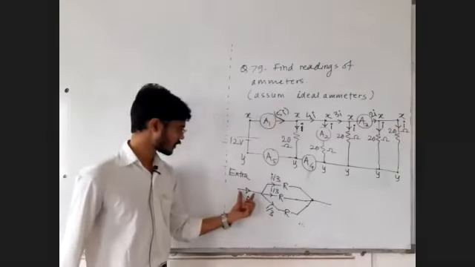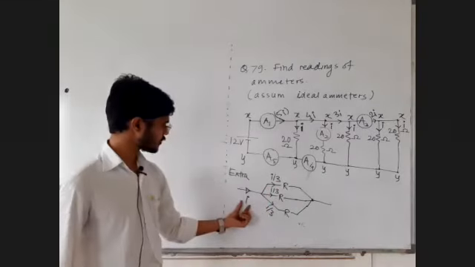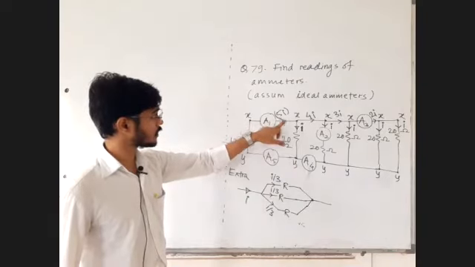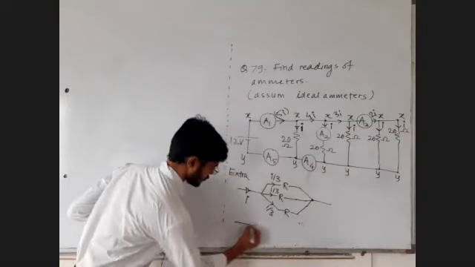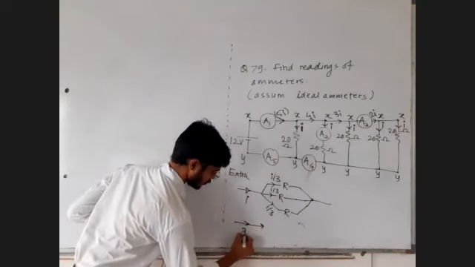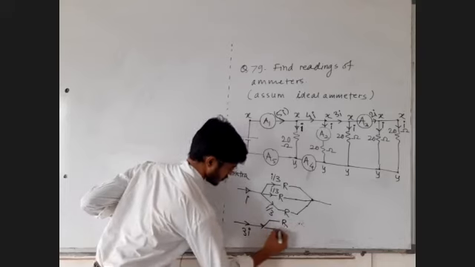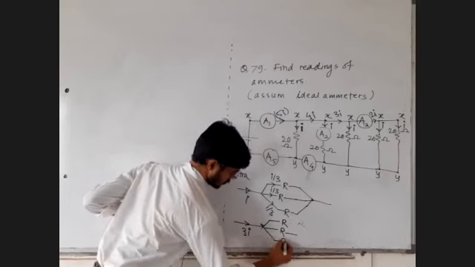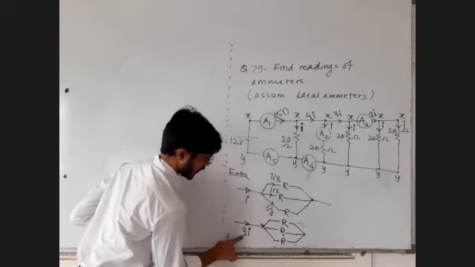This current 5I has split equally, I, I, just like this current splits as I by 3, I by 3, I by 3. For example, if you have a total current of 3I and you again have equal resistances, split this 3I equally.